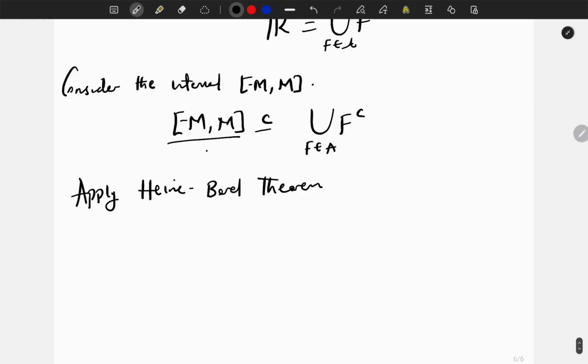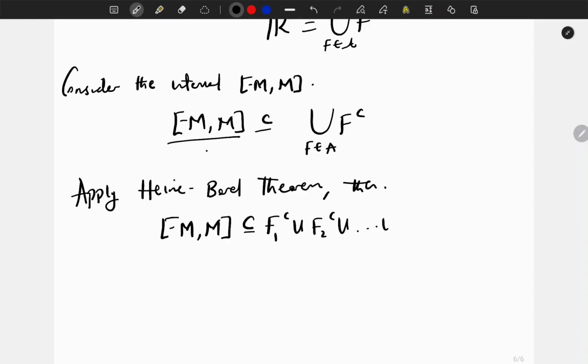So applying the Heine-Borel theorem, instead of making use of the open cover, you can make use of a finite subcover. That's one of the applications of the Heine-Borel theorem.